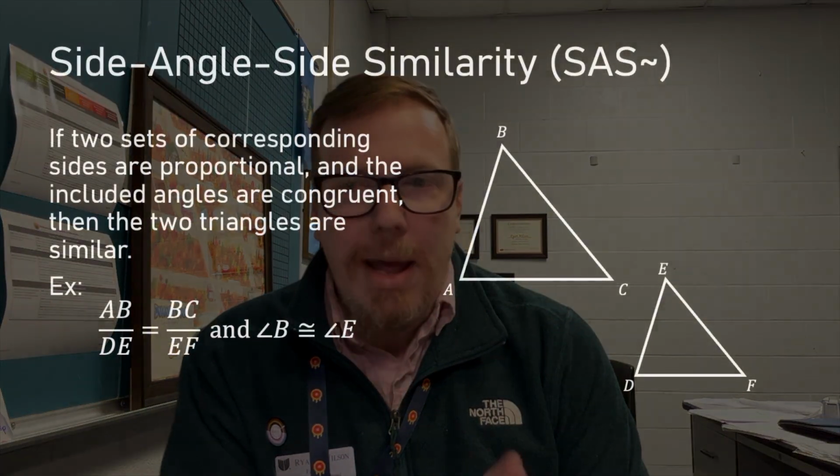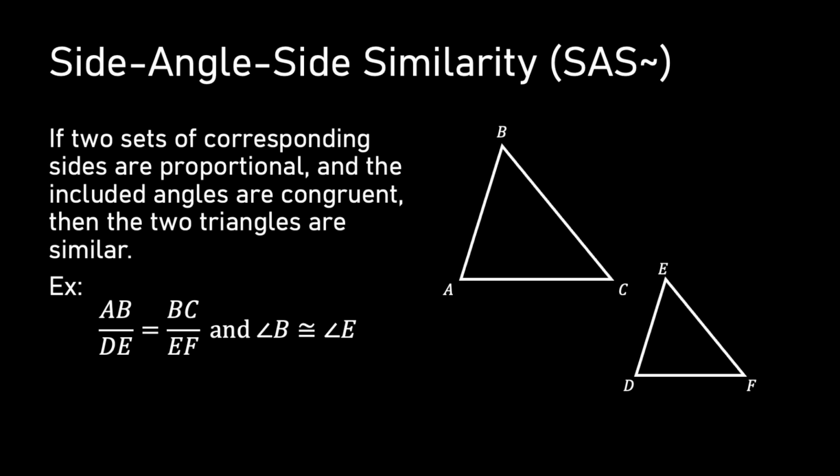But we still have the same rule we had for side-angle-side congruence. The A is touching both S's, so the angle I use has to touch both of the sides that I use. So once I picked AB and BC, I was locked into picking angle B.